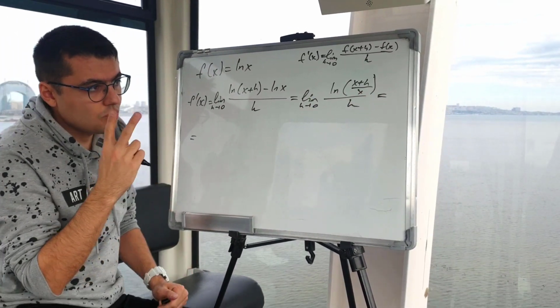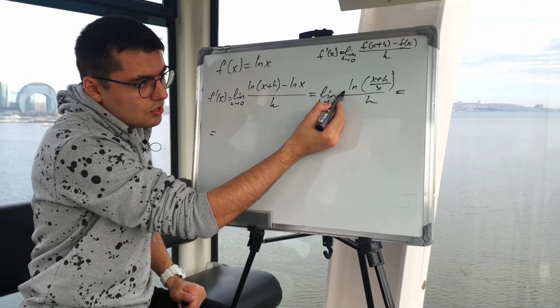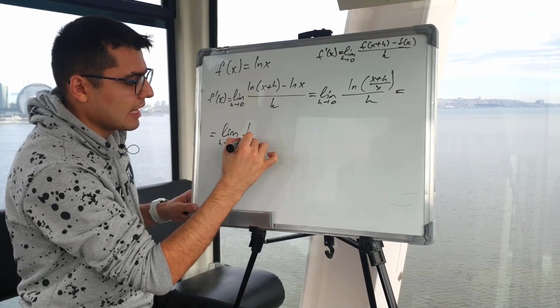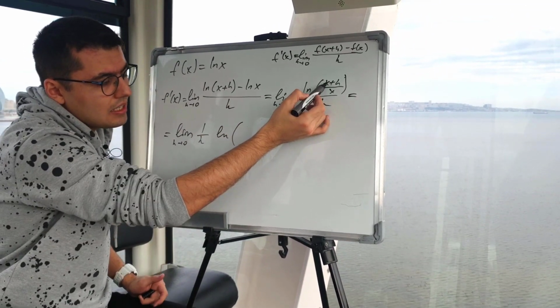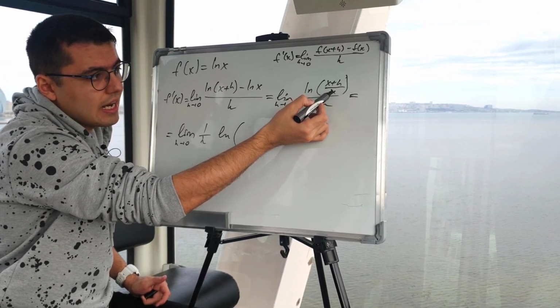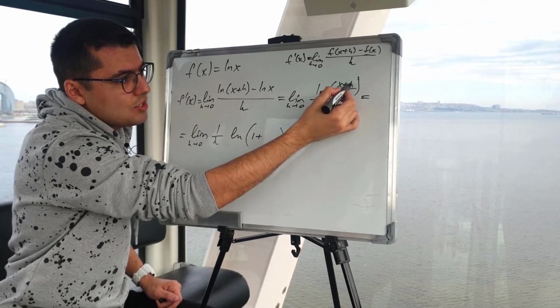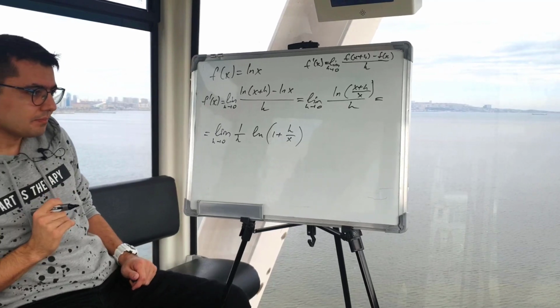Next, I will do two things. First, let me write this h in front of the logarithm. So I will write 1 over h, ln, and inside I will divide x over x separately and h over x separately. I can do that. So x over x is 1, h over x is just h over x. Great.